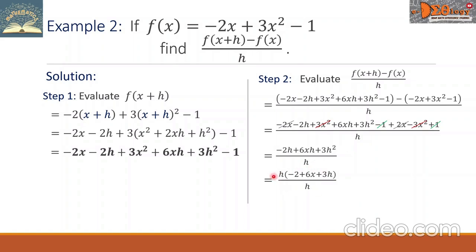Again, we can see that h and h are common to both numerator and denominator. So we can cancel it out. Upon cancelling, we will get the final answer. That is negative 2 plus 6x plus 3h.